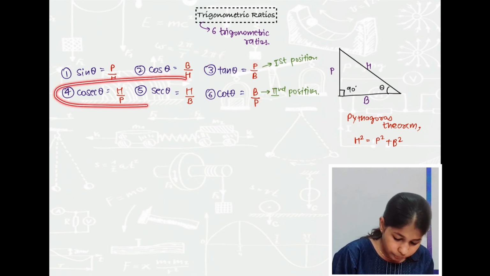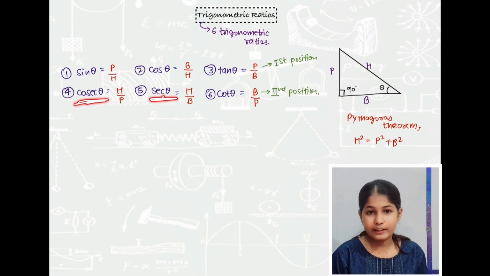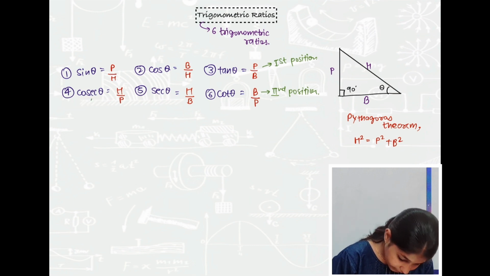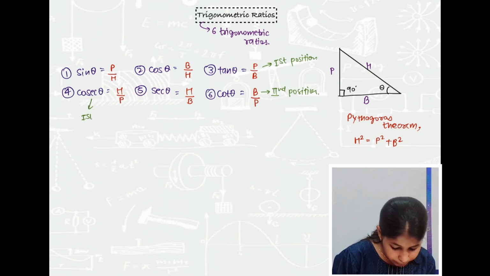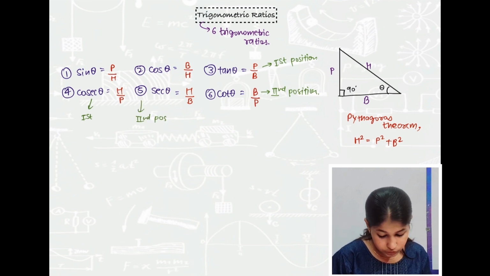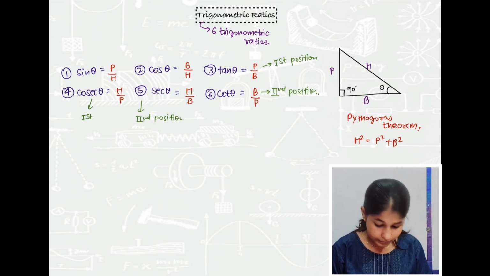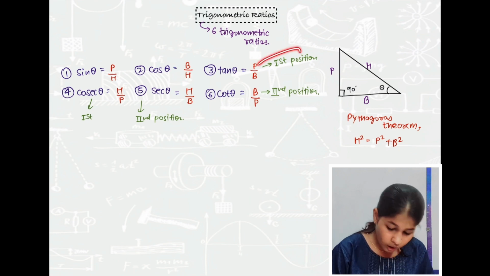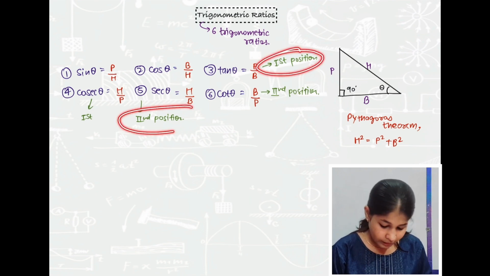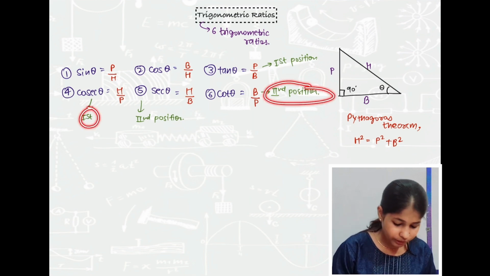Now focus on these two, cosec theta and sec theta. Here you can see that cosec theta is in first position and sec theta is in second position. Now you have to relate: for the first position, the opposite, that is the second position, will come, and for the second position the first position will come.